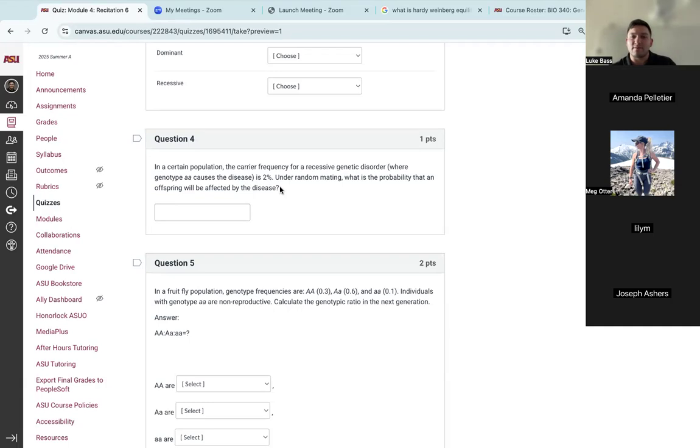If you find that, you should be able to find p also. Wait, actually, no, you might have been right. The part that's messing me up too is that it says the carrier frequency for a recessive genetic disorder where genotype little a causes the disease. Oh, so that's just saying that little a causes the disease.